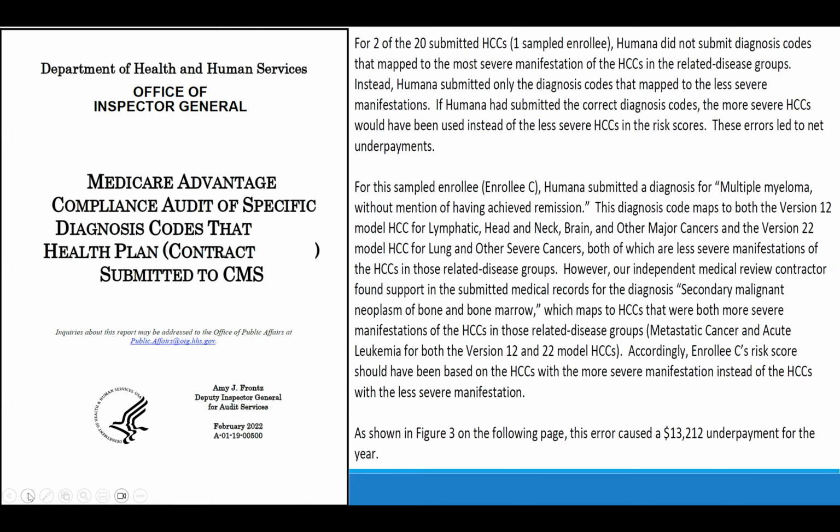Okay. So I don't know. Think about your annual salary. If your company underpays you by $13,000 this year, you're probably going to be a little upset, right? So, as a risk adjustment coder, and the person who said that they are a pro-fee coder, whether you know it or not, you are an HCC coder.